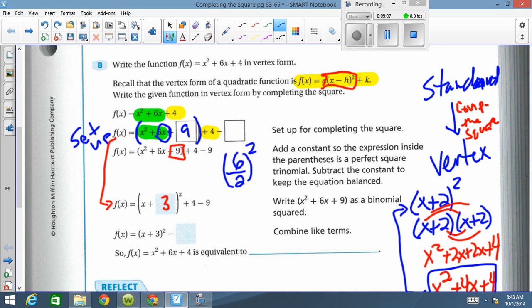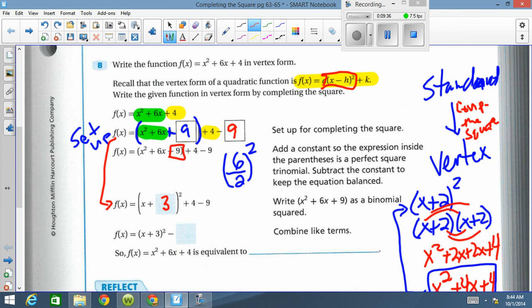Now I can't just randomly introduce a 9 and add it to a function, because then I'm ruining the equality of the equation. So if I'm going to add 9 to a function, I also have to subtract it from that same side. Because really it's like I'm adding 0, right? 9 minus 9 is 0.